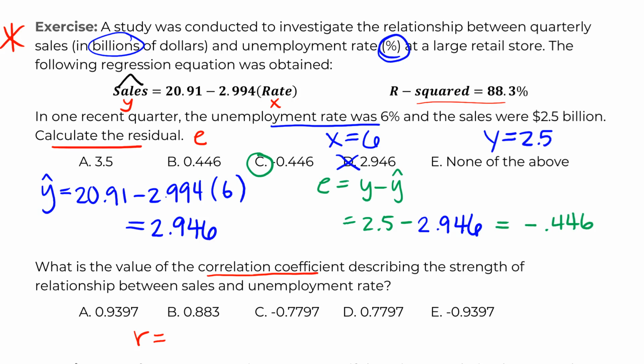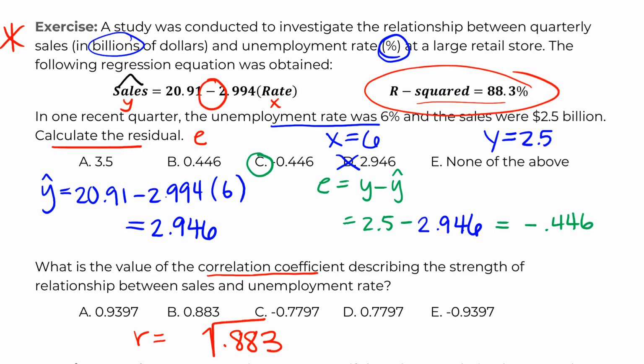You do not want to do any of that stuff. You know on a test, the only thing we're going to be using is finding R squared and unsquaring it. So we're going to take the square root of this 0.883, right? Write it as a decimal. And then don't forget, we had a negative slope, so we need this to be a negative relationship.